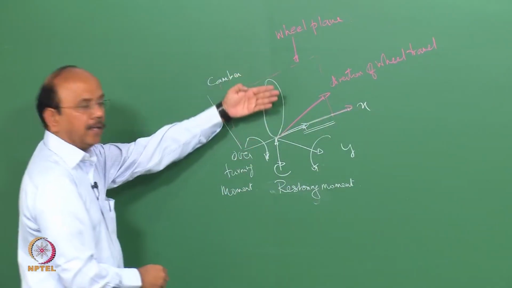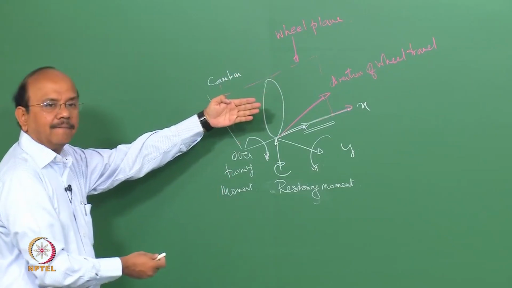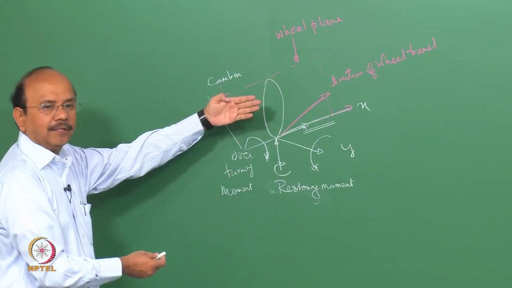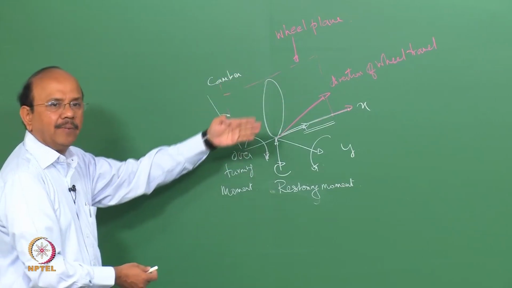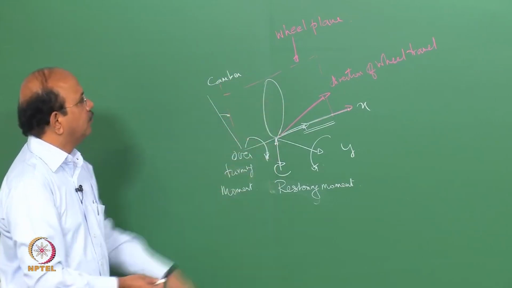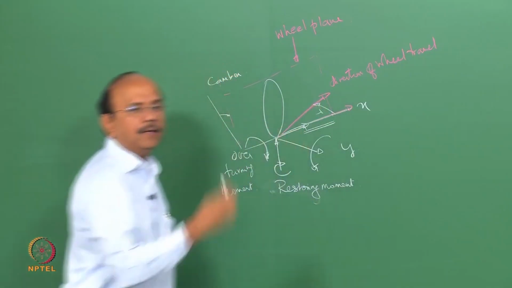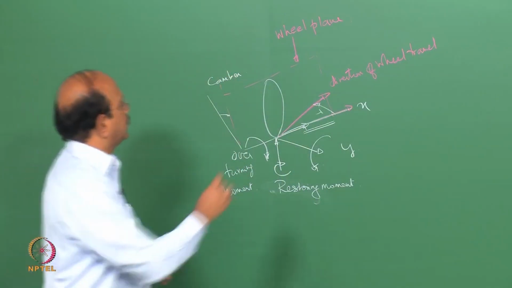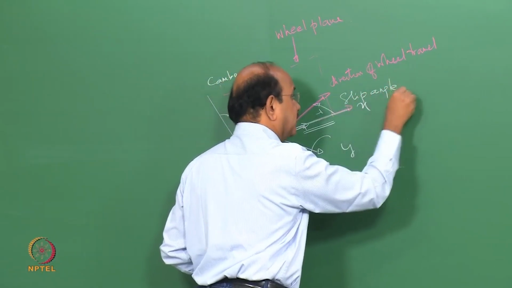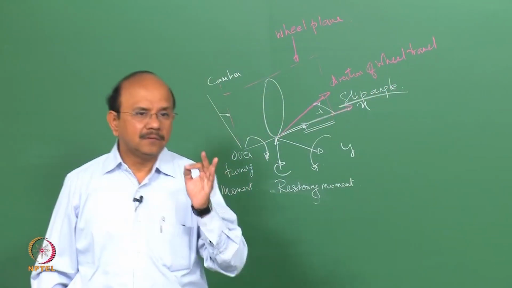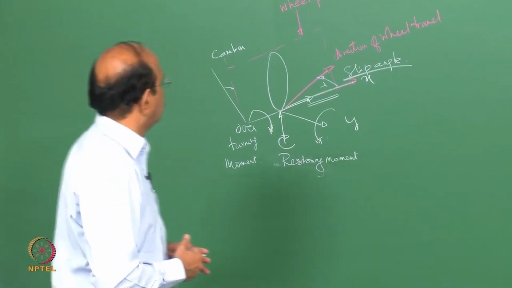Suppose this is the wheel plane, then you would see that the tire direction of rolling or travel is not exactly along that direction, but is at an angle, say, let's say this is lambda or alpha, and that angle is what is called the slip angle. Why is it so? We will see that in a couple of lectures.